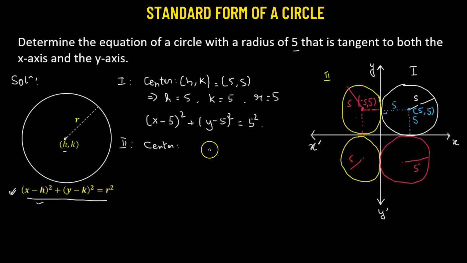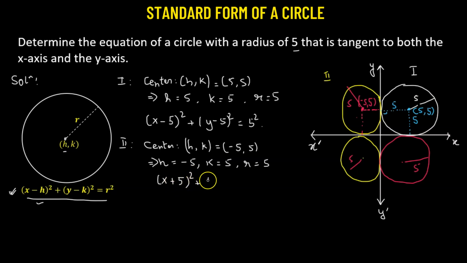That means we have the center (h, k) equal to (negative 5, 5). So h is going to be negative 5, k is going to be positive 5, and the radius is still going to be 5 units, meaning the equation of the circle is going to be x minus of minus 5, which becomes positive 5. So (x plus 5) whole squared plus (y minus 5) whole squared equals 5 squared.